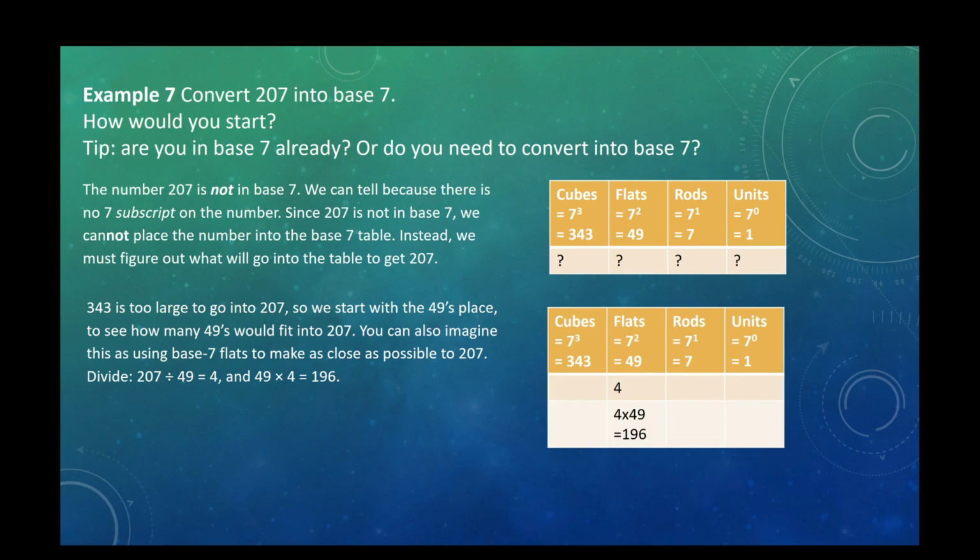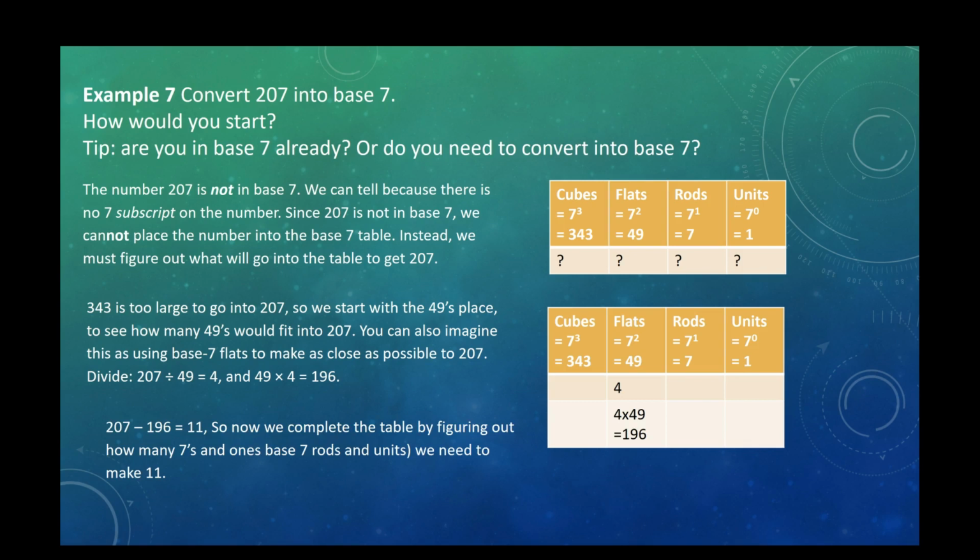So we do 4 flats right here, and that's 4 times 49. We've taken care of 196 so far, but we need to get to 207. So 207 minus 196 is 11. So now we have these two place values to take care of 11. So how many 7s and how many 1s do you need to make 11?